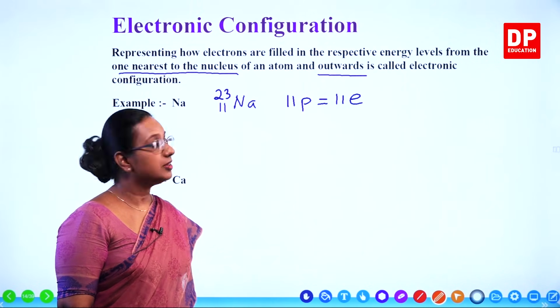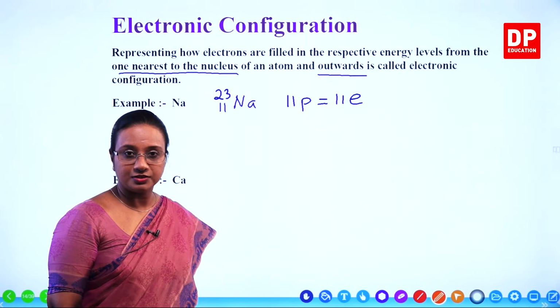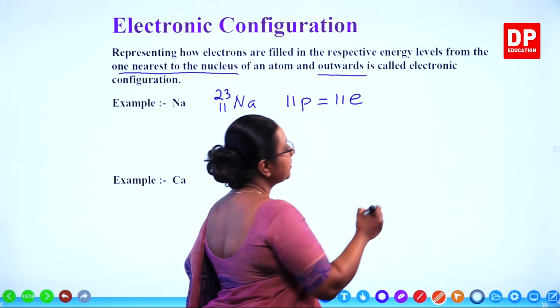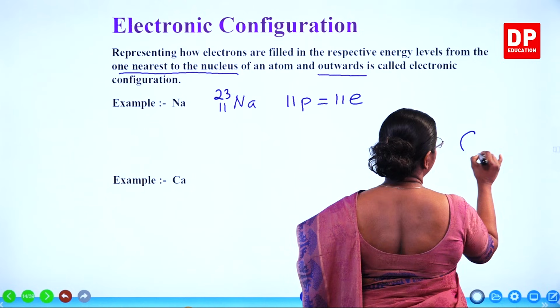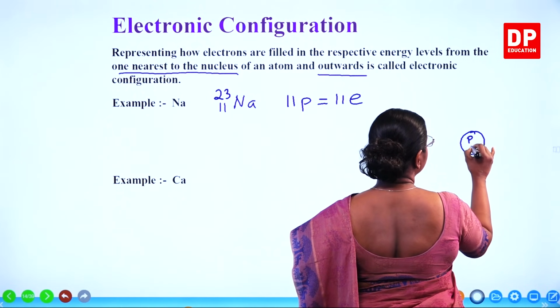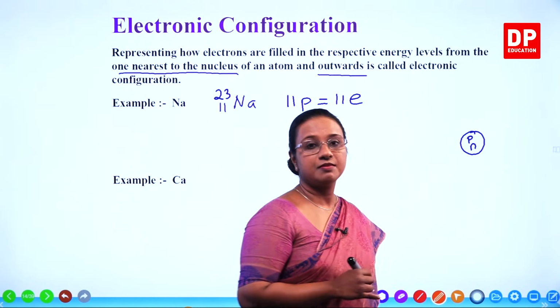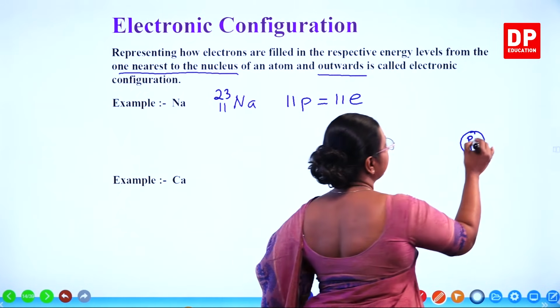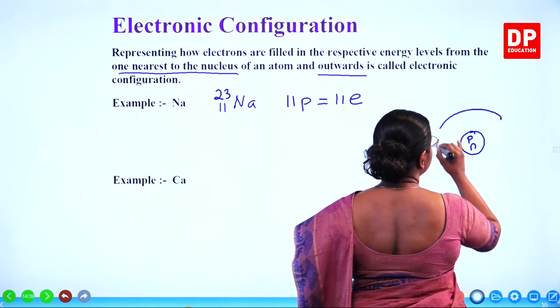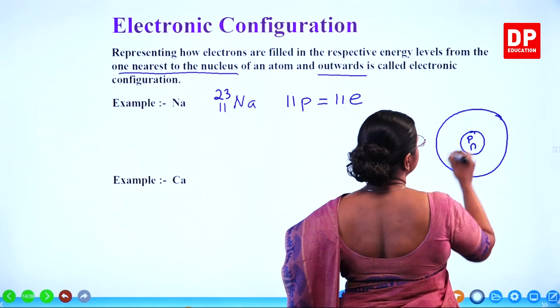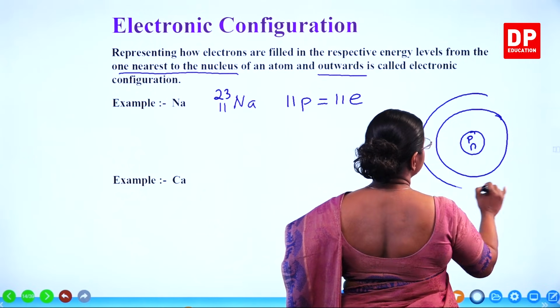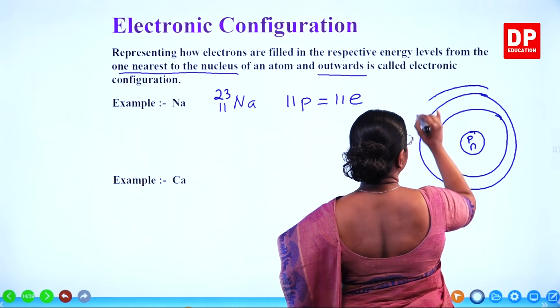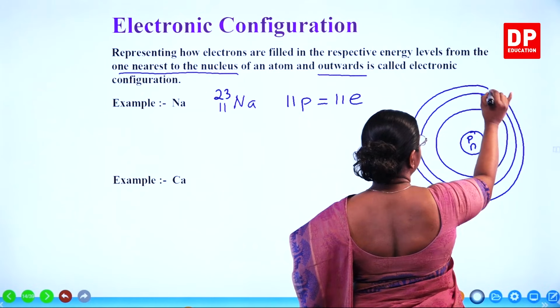So therefore there are 11 electrons. If I represent this in the model of an atom, the protons and the neutrons will be within the nucleus. Then we have the different energy levels, the first shell, second shell and the third shell for now.